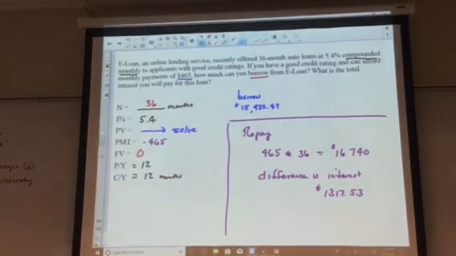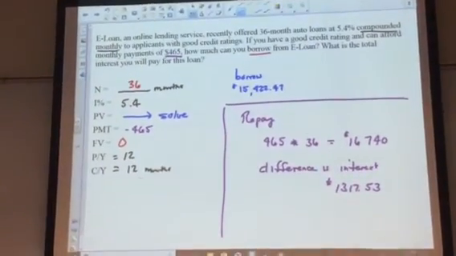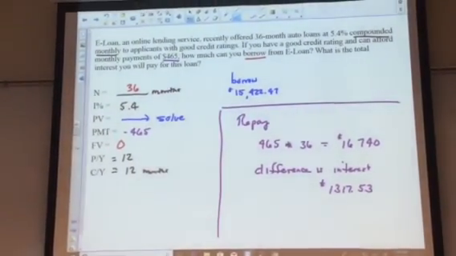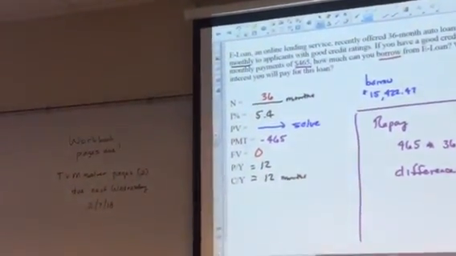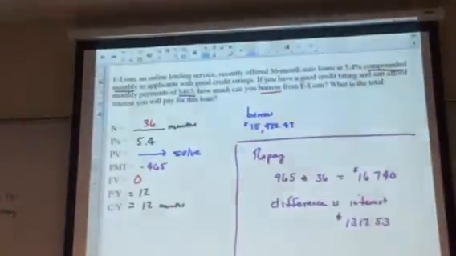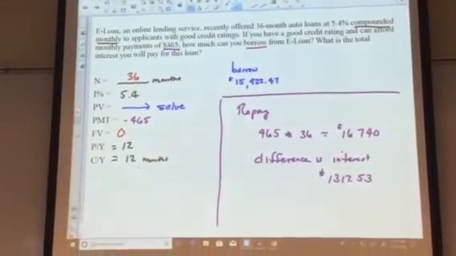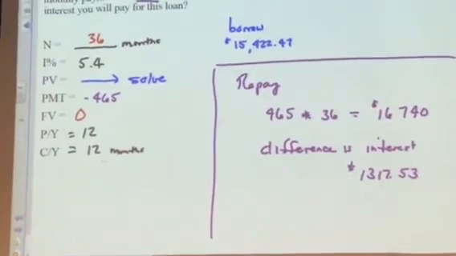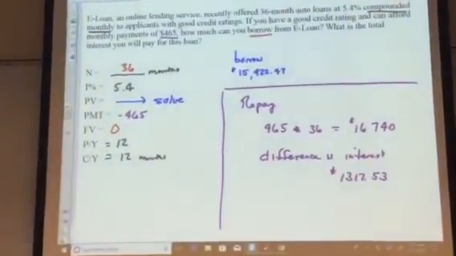That loan to drive that car around for 3 years before it was ours cost us not only $15,422.47, but it cost us an additional $1,317.53 in interest. This is a two-stage problem, but only one of the stages is done in the TVM solver.